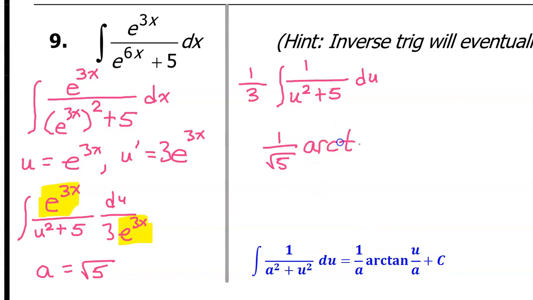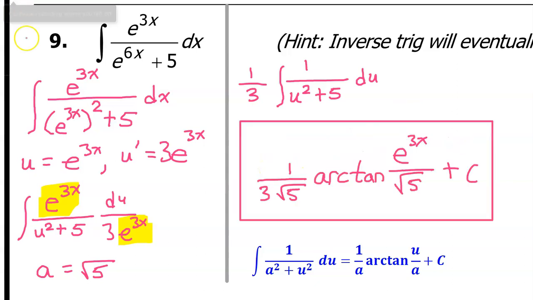So arctangent, and u is e to the 3x, so we have e to the 3x over a, which is the square root of 5. And then we have the plus c. But don't forget the 1/3 that was out in the front. If I multiply 1/3 times 1 over radical 5, it'll just be 1 over 3 radical 5. This is the final answer for number 9.